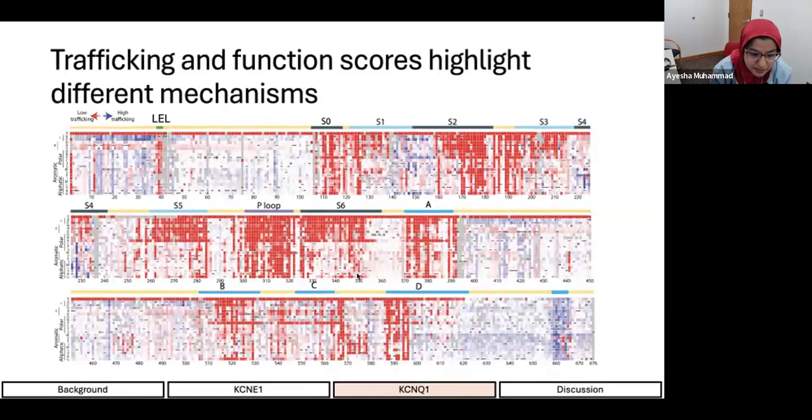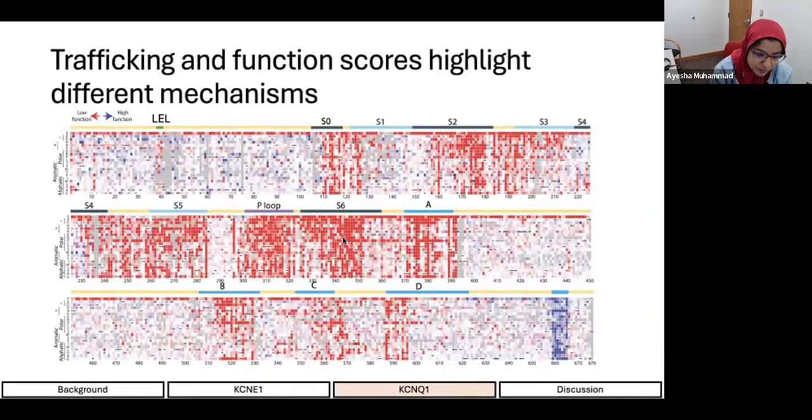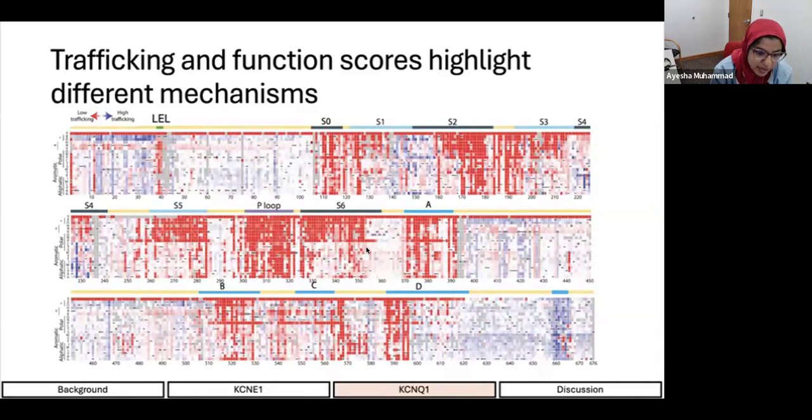And then some other interesting trends for loss of function. So for example, in this S6 helix, we see that it is pretty resistant to overall variation for the function of the protein, whereas it is pretty resistant to hydrophobic variation for the trafficking of the protein.